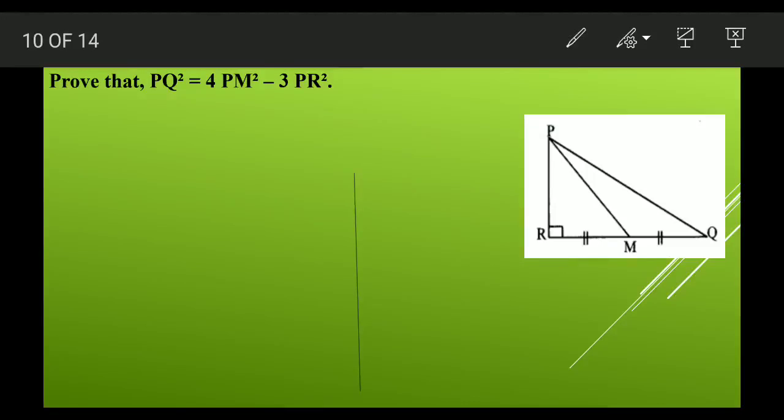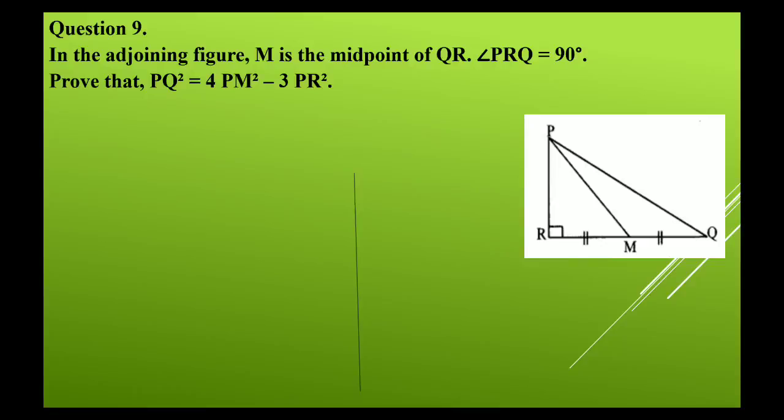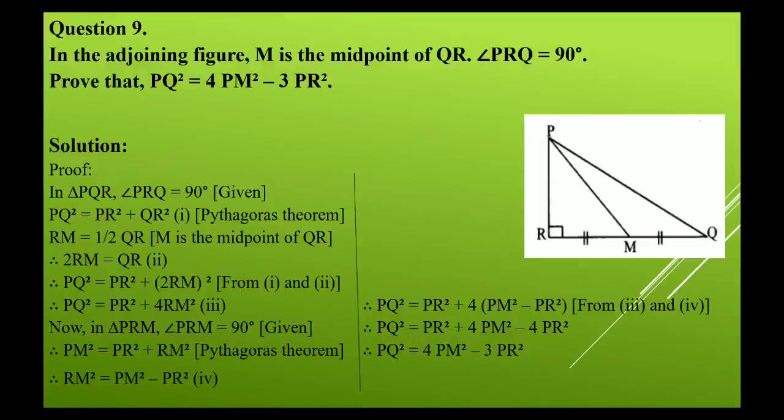Let us solve. In triangle PQR, angle R is 90 degree. According to the Pythagoras theorem, PQ square is equal to PR square plus RQ square.